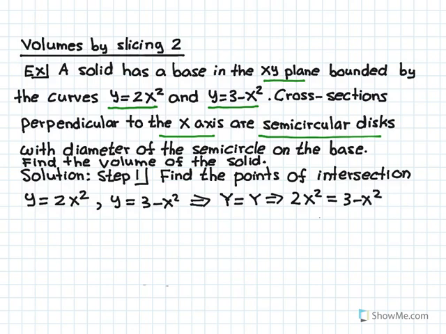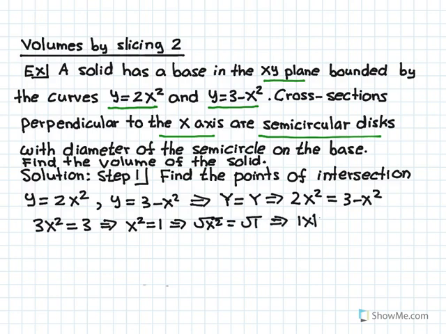Add x squared to both sides, and we get 3x squared is equal to 3. Divide both sides by 3, we get x squared equals 1. Take the square root of both sides, and we get root of x squared is equal to root of 1. But root of x squared is the absolute value of x. Absolute value of x is equal to 1. And that gives us x equals 1 and x equals negative 1.